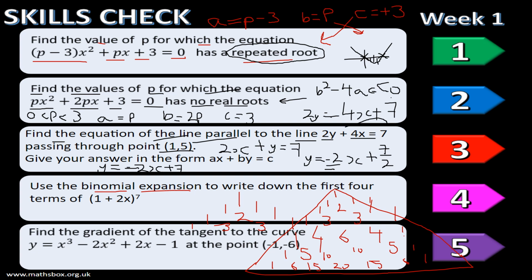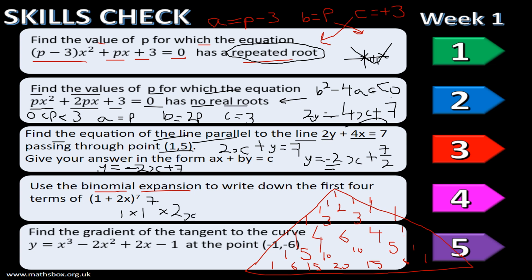Okay, so we want this 7th line here. So we're going to have 1 times 1 to the power of 7 times 2x to the power of 0.